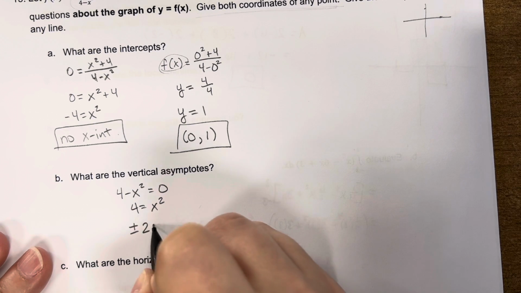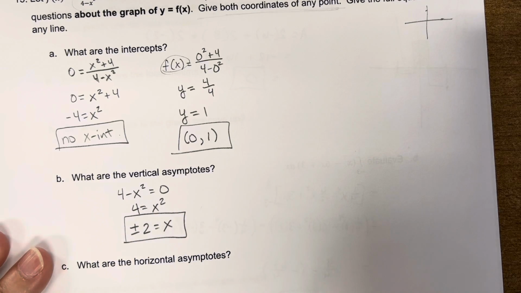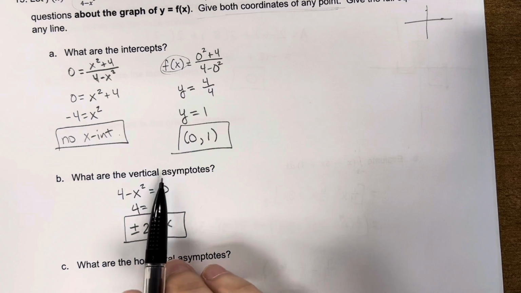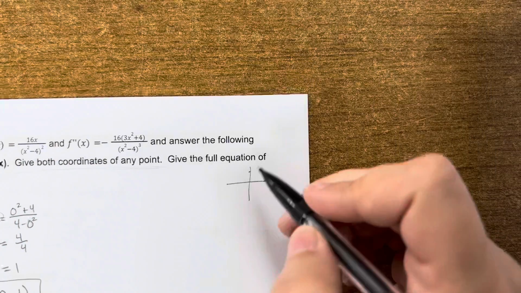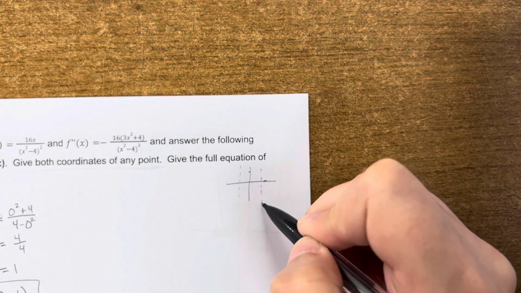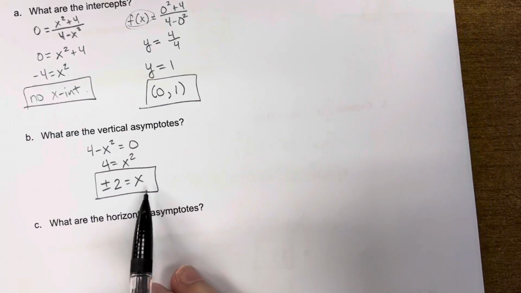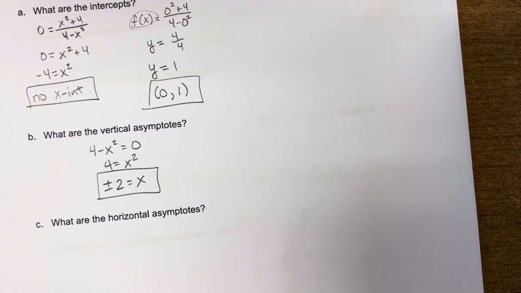So I could list it like this, or I could list them separately. This is not a point. A vertical asymptote is a line. So when I have asymptotes, they look like this. Like I've got this line going through here, right? So these I do not have to list as a point. I can list it like this, or I could have said x equals 2 and x equals negative 2 as my two equations.